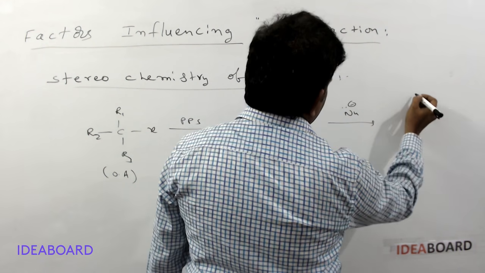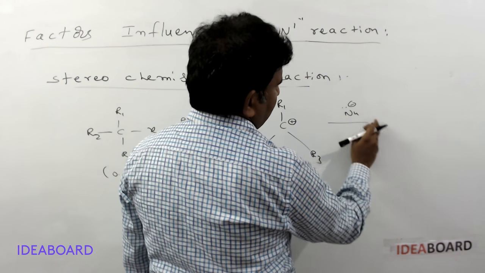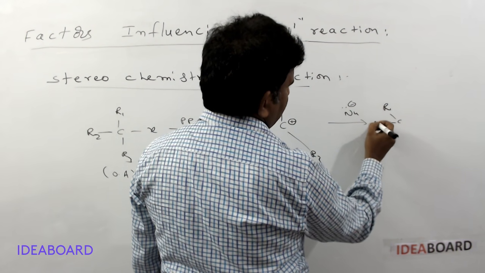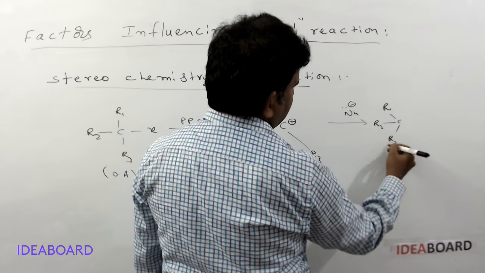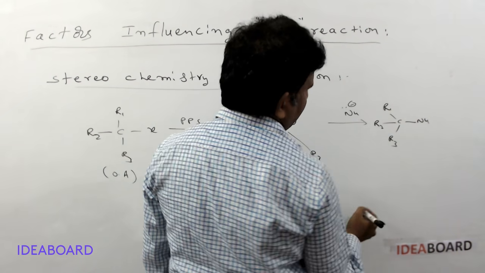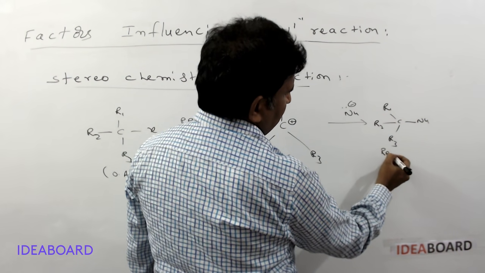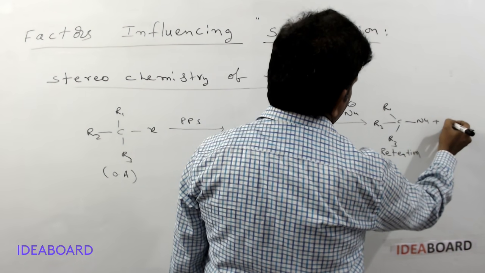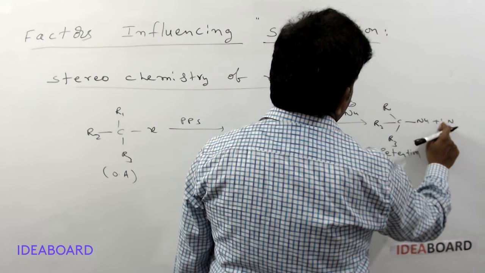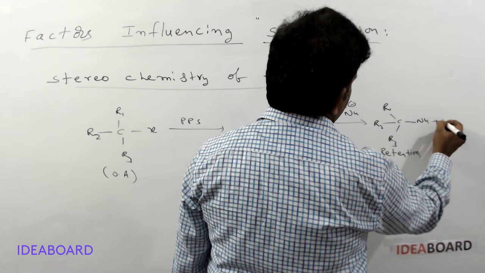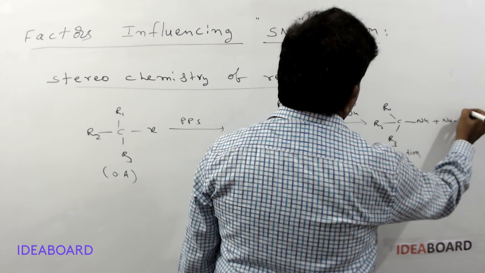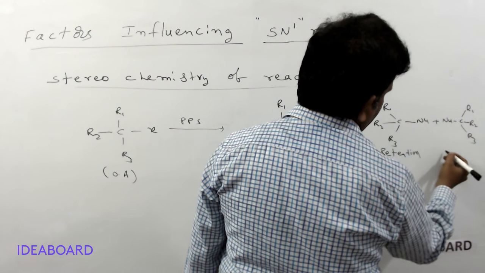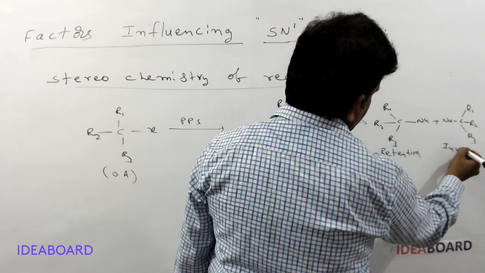So what are the products when the nucleophile attacks from the front side or back side? Here it is R1, this is R2 and this is R3. Nucleophile front side attack means it is a retention product, and if it is attacking from the back side, it is an inversion product.